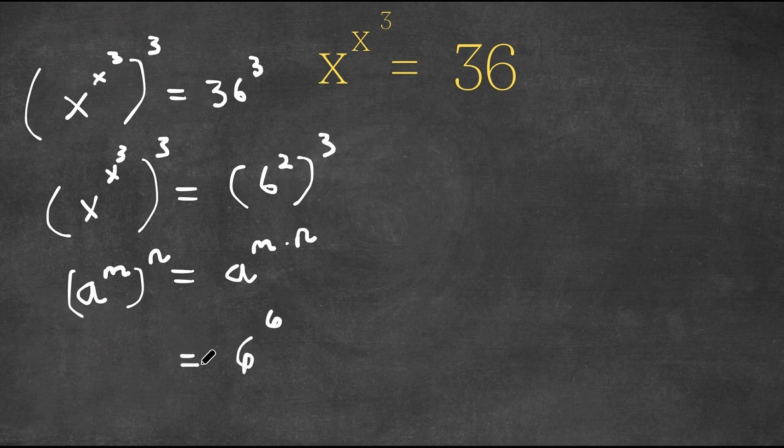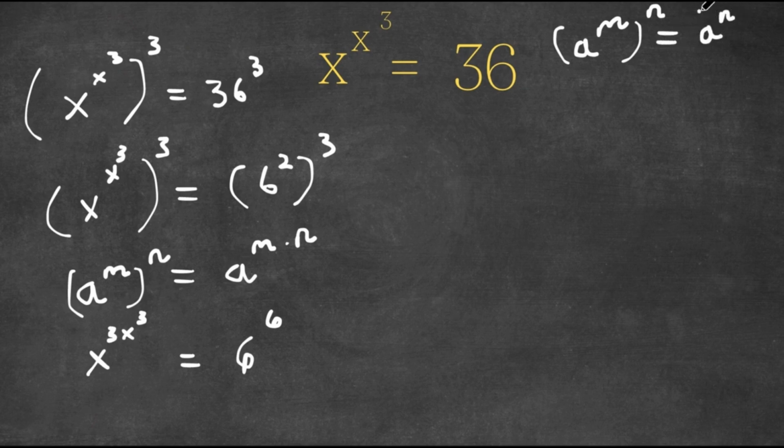And in this case, this would equal x to the power of 3x to the power of 3. Now, if we have something in the form a to the power of m to the power of n, this is also equal to a to the power of n to the power of m.